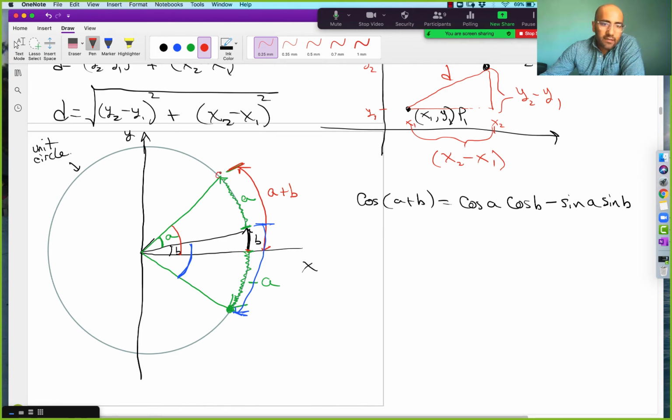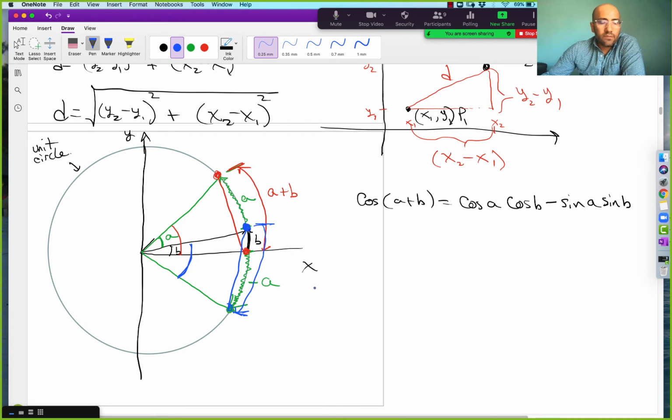Therefore, when we connect this point and this point, this line right here has to be the same distance as this line and this line. That's the geometry that we need in order to be able to do this one. That's supposed to be a straight line.